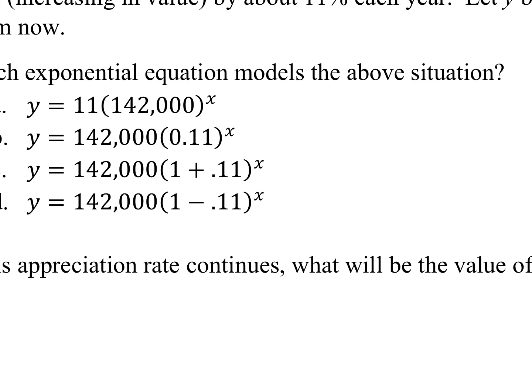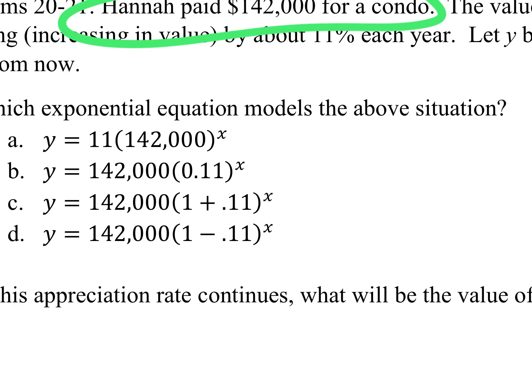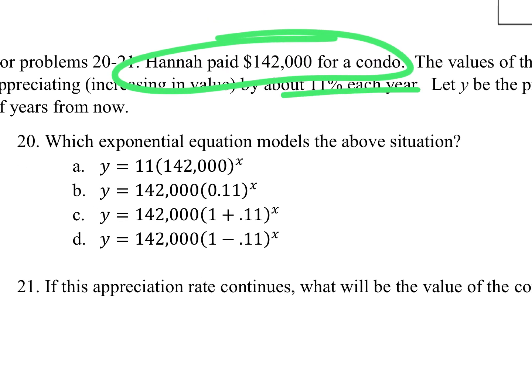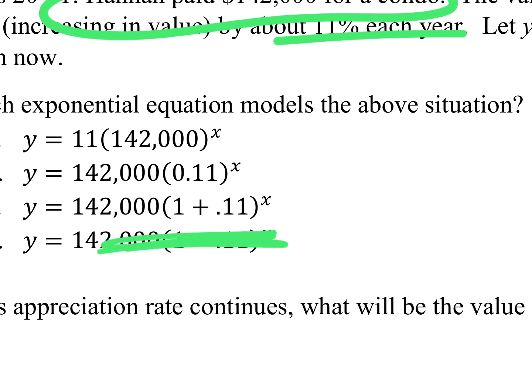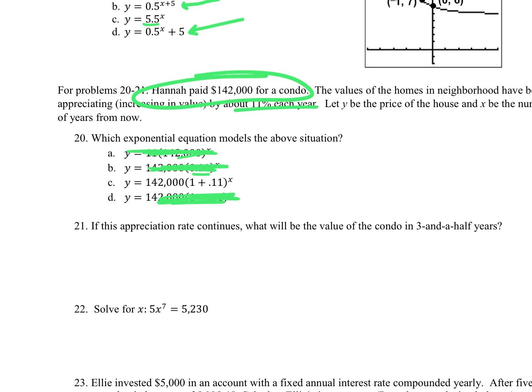On to this one. We did a little bit of this yesterday. 11% growth on the condo. Ooh, growth by 11 can't be that one. That'd be decay. And it's not that one. I would actually make it shrink too. 11 in front now, that's not it. Must be that one.